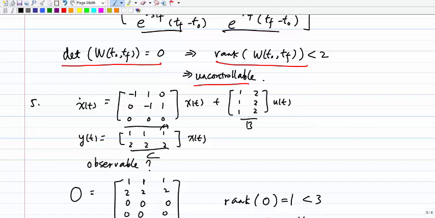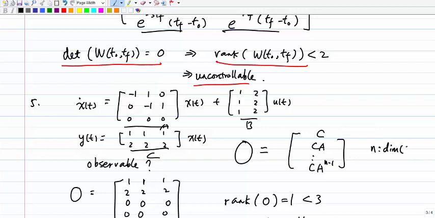To check the observability of a linear time invariant system, the simplest approach is to check the observability matrix O, which is given by C, CA, until CA to the n minus 1.